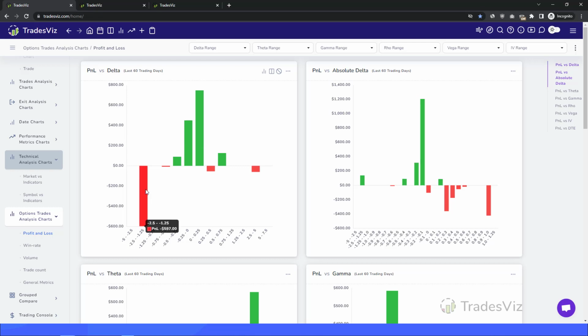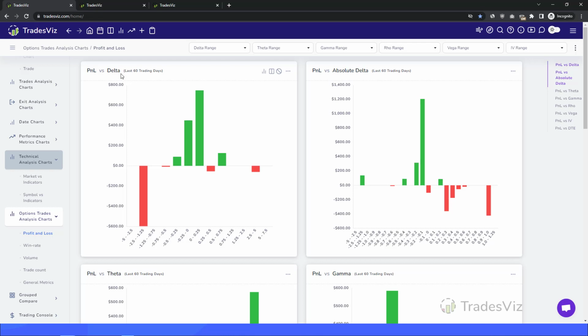For example, here it says that this account is terrible at trading delta that's below. By the way, this is total delta. What total delta means is that we add delta based on the signs. We assign a sign to the delta, meaning plus or minus, depending on the side of the option.